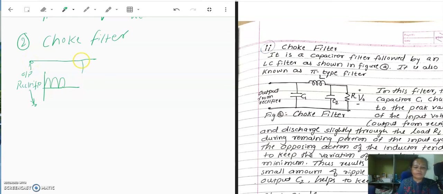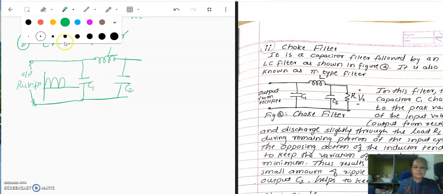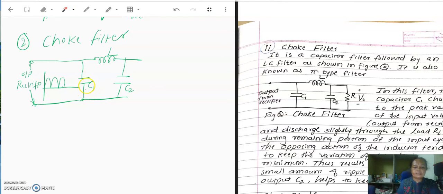And here actually what we have studied is this capacitor C, and to this capacitor we add the additional LC combination to remove if any AC contents are present. So we call this a pi filter because the functionalities are capacitor, inductor and capacitor. So this is also referred to as pi filter.